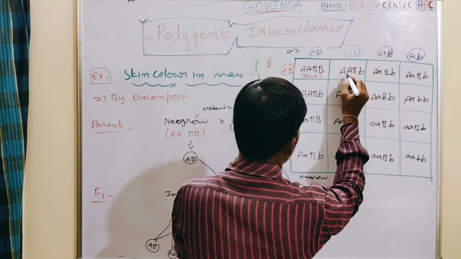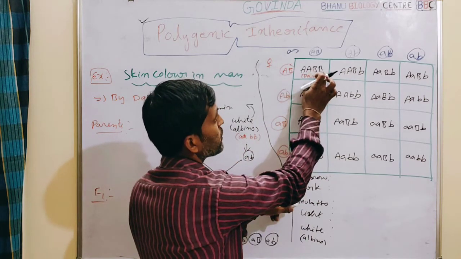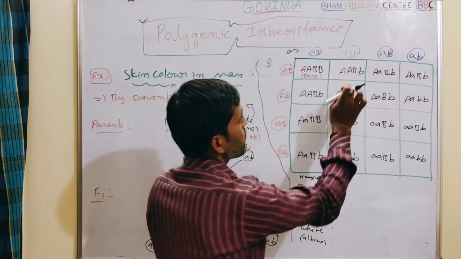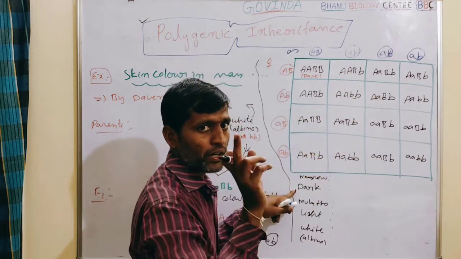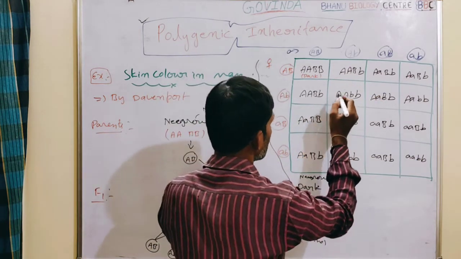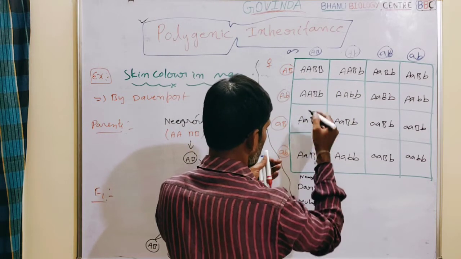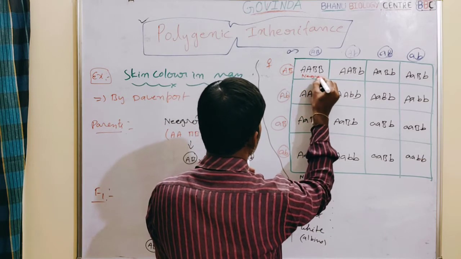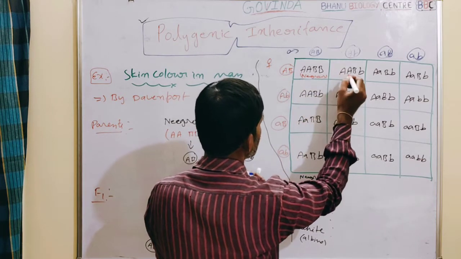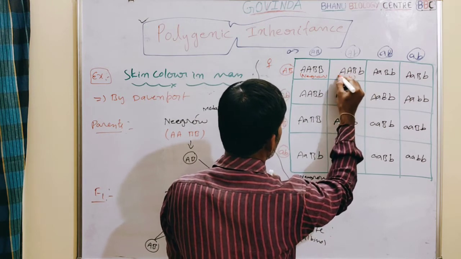So when 4 dominant alleles are present, it becomes dark, that is negro. Then 3 dominant and 1 recessive allele become dark.